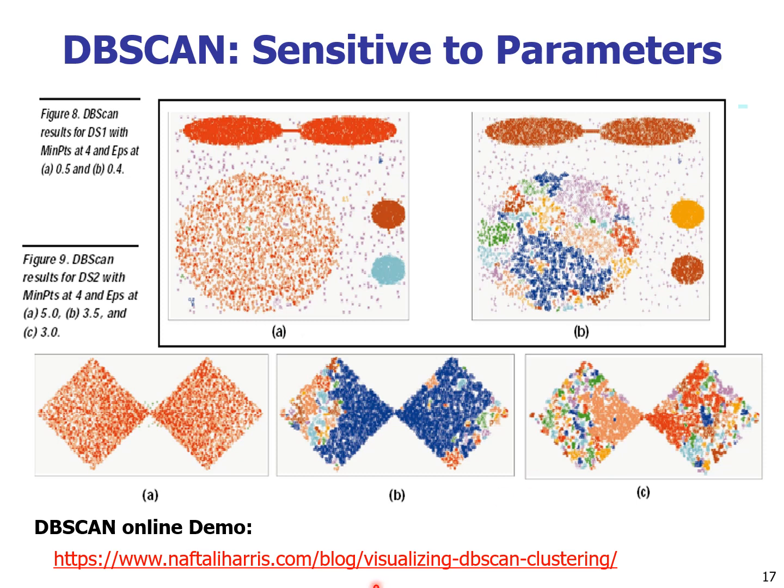Also, this is an online demo for DBSCAN, a very interesting visualization. We could probably look at it and see how it changes when we change epsilon or the minimum number of points, and how it affects the number of clusters identified in the data set.